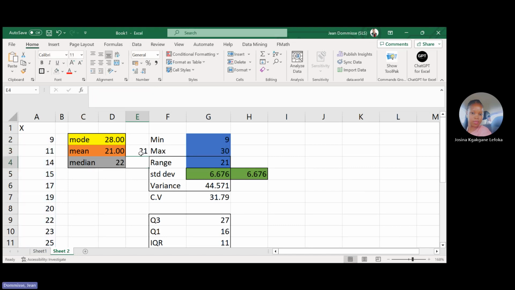So you can see that the mean is also 21, and the median was 22. We had 15 numbers, so the median will be the one in the middle. Then we've got our minimum, which is 9. Our maximum was 30. So our range was the two minus from one another, so that's also right.